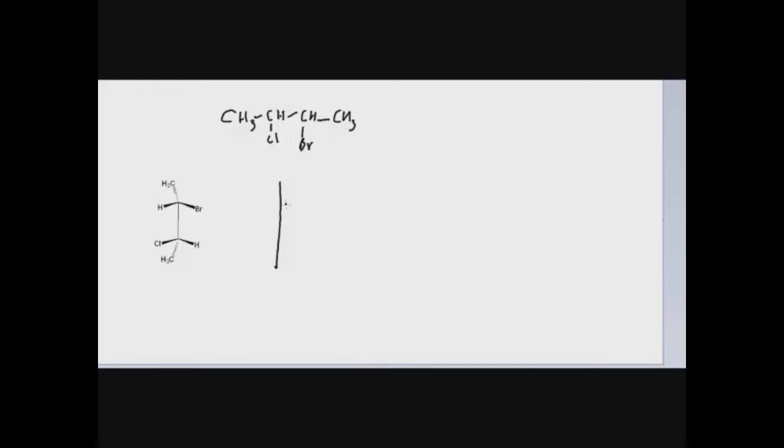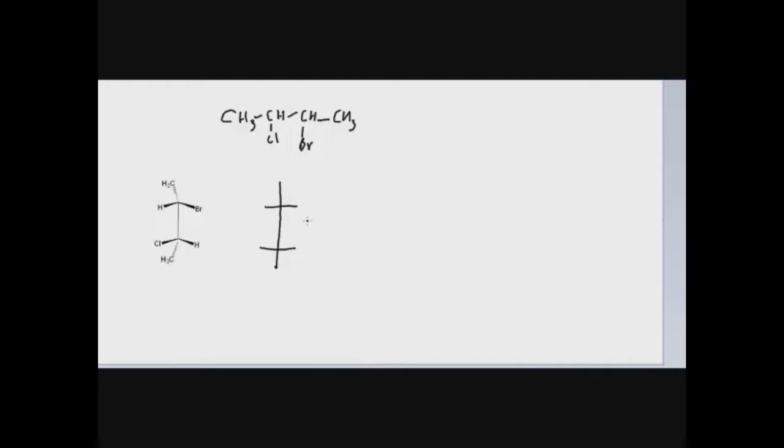For each chirality center, we'll draw a short horizontal line segment, like this and like this. So the intersection of the vertical line and the horizontal line segment corresponds to a chirality center. This intersection would correspond to this chirality center, and this intersection would correspond to that bottom chirality center.